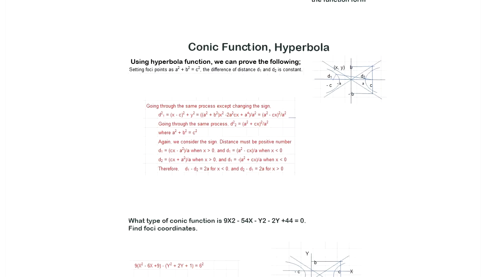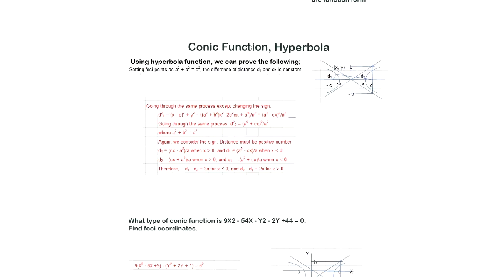Conic function hyperbola. There are many characteristics of those functions, and that's a part of high school geometry, and you do this in the algebra 2 area. The same thing. This conic section is kind of an overlapping subject between geometry and algebra 2.